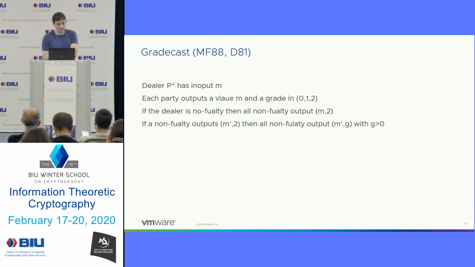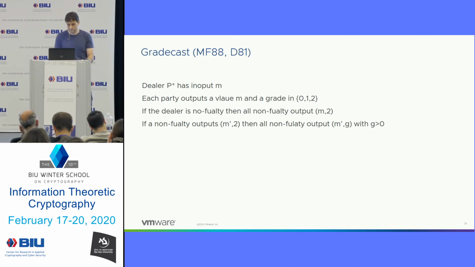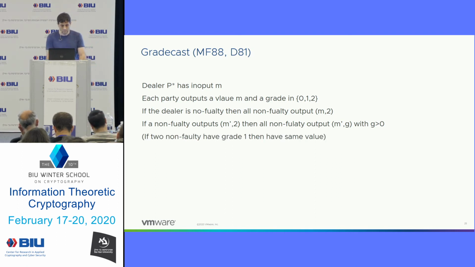And the other property is kind of this type of agreement property, which basically says if some non-faulty accepts a message M prime with a grade of 2, then what I know is that all non-faulty will accept this same message M prime, maybe with a grade of 1 or 2. So I can't guarantee complete agreement with 2, but you will see either 1 or 2. Right, so this is the property that we want to obtain.